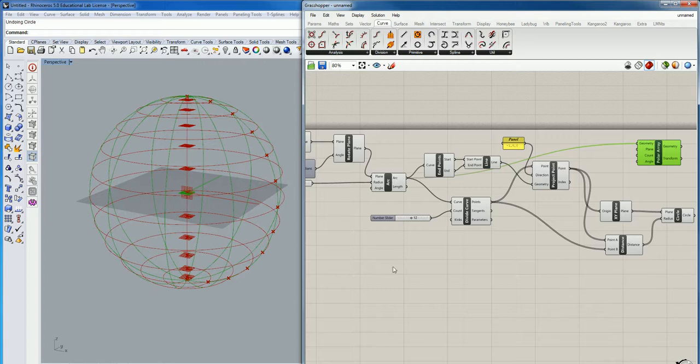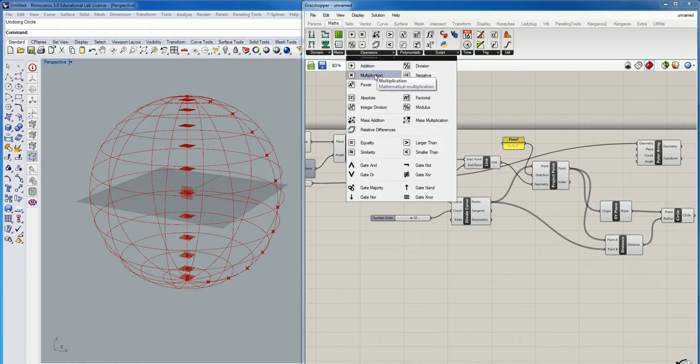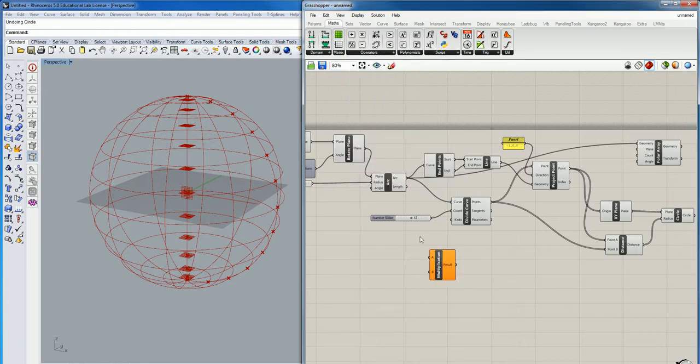You could make this more automatic, right? So like, for example, isn't this giving you 15 degrees over 180? So couldn't you take that value and multiply it by 2 and feed that into the count? So let's try that. Go to the math department, operators, multiplication. Right? We'll take this one, feed it into here.